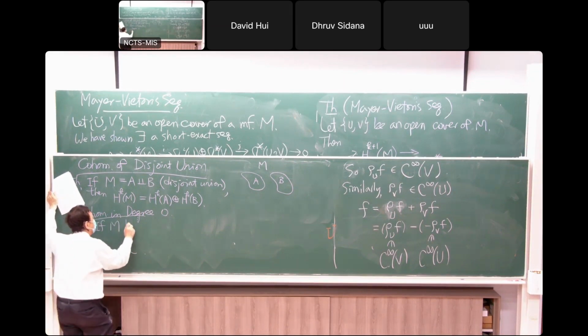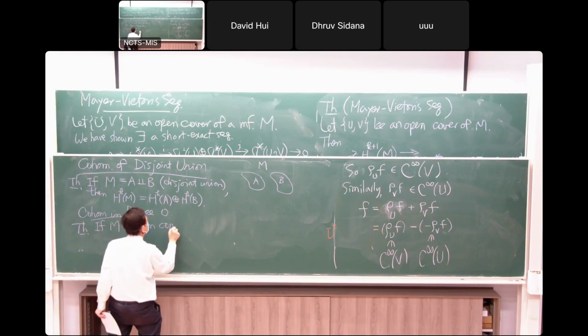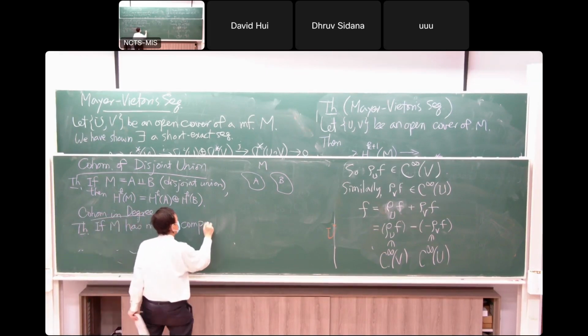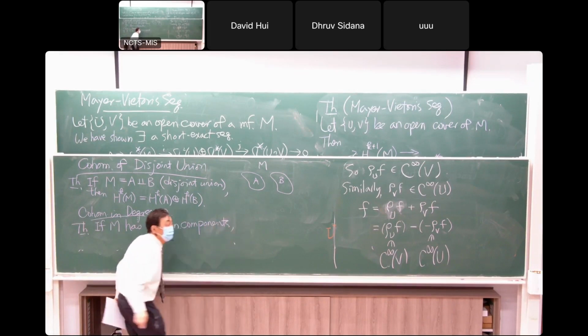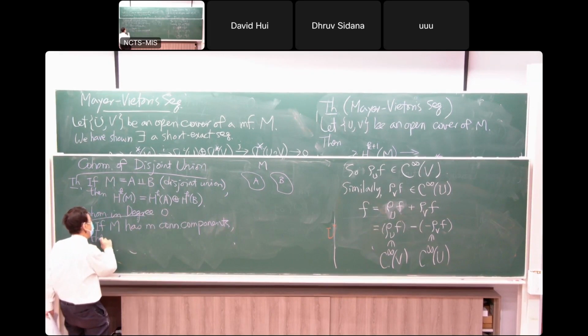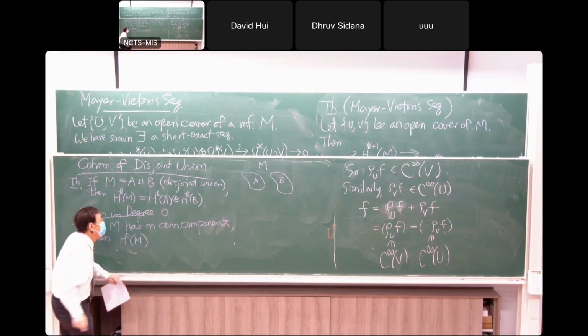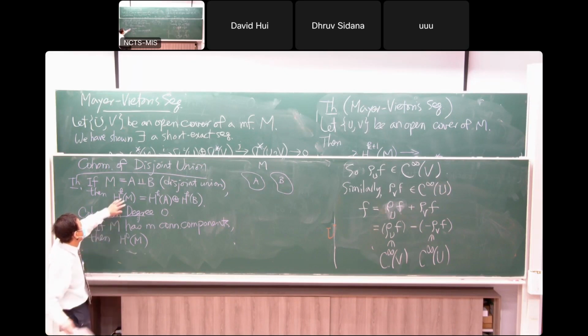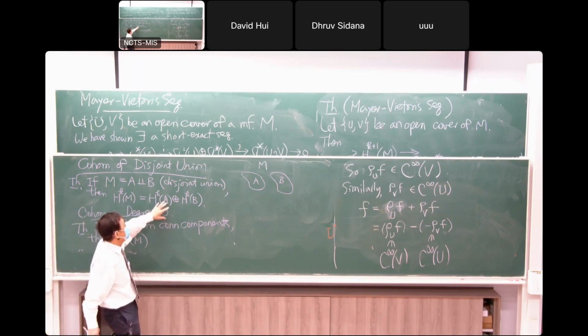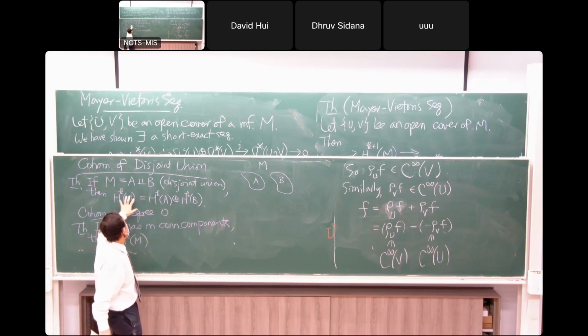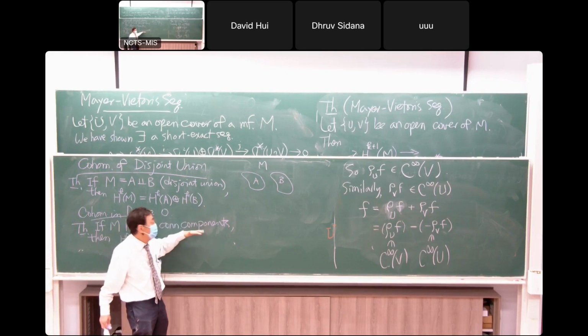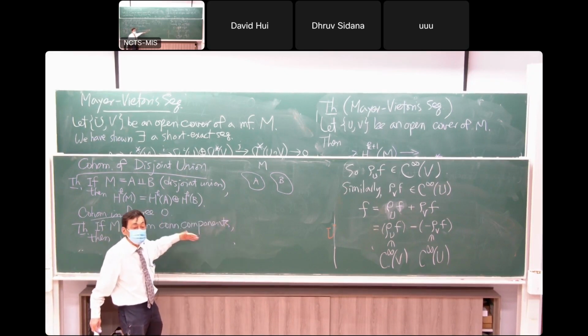If M has K connected components, then the zero cohomology of M, well, in fact, we already know that, if you have K connected components, then the cohomology of M will be the direct sum of these K copies of cohomology, right?